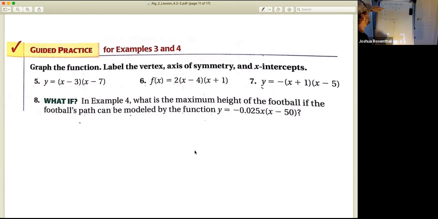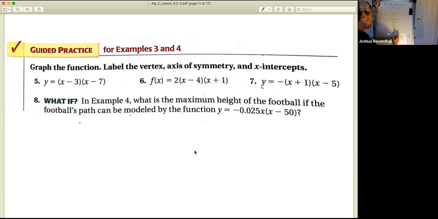Let's see, what do I have? I have quadrant 1. Okay, and I have 1, 2, 3, 4, 5, 6, 7, 8, 9, 10. This one opens down because of the negative. So you might sketch a little just to remind yourself. It may or may not be helpful. Okay, I have a root here at -1.